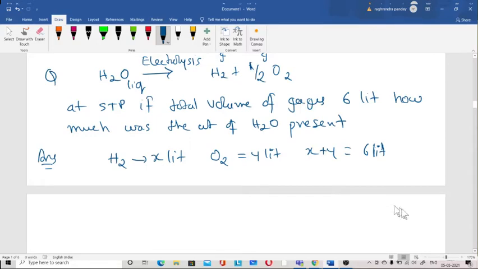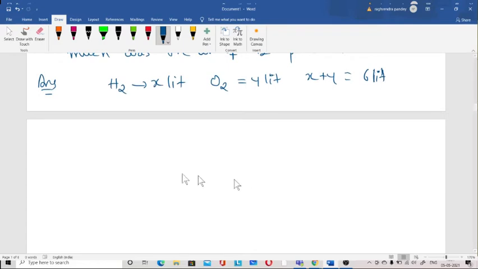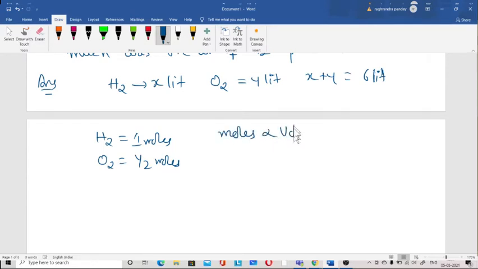Everybody understood this one? Now H2 is 1 mole and O2 is half mole, and moles are directly proportional to volume. N is directly proportional to V. This is the condition. Everybody getting that one?